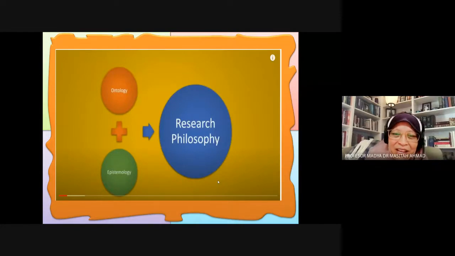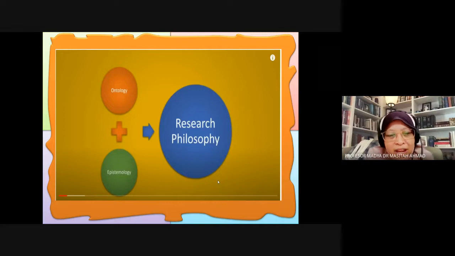This is the one I mentioned just now. Part of this research philosophy are two things, ontology and epistemology, both of which are tools helping to guide our research philosophy. Meaning that ontology and epistemology are very important to guide us and make sure our research philosophy is on the right track.